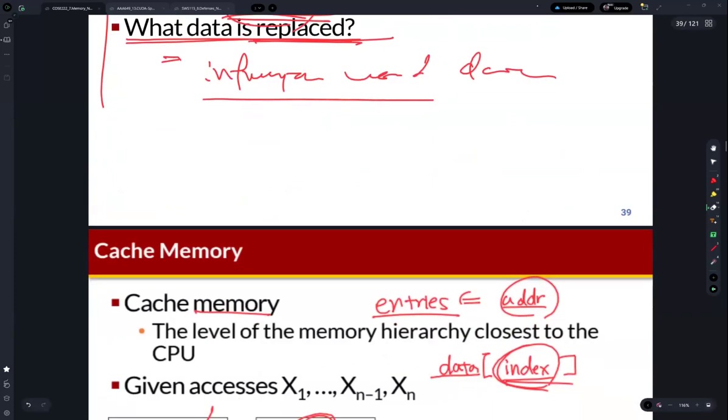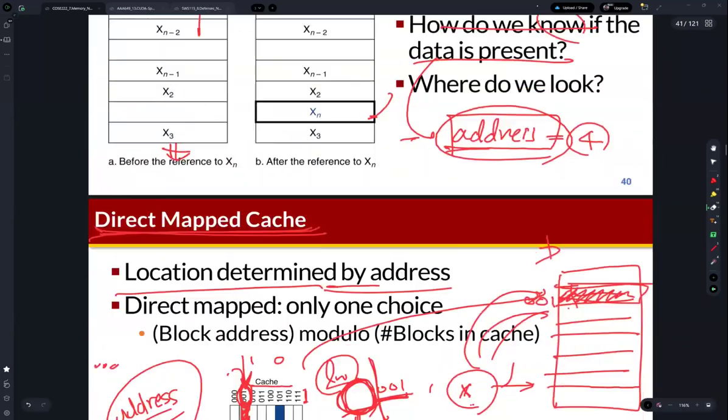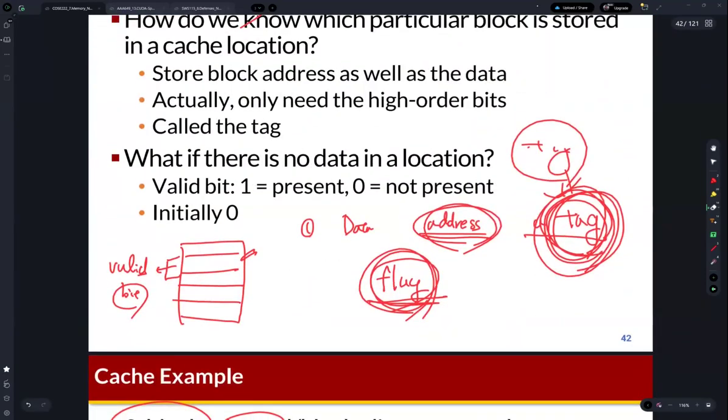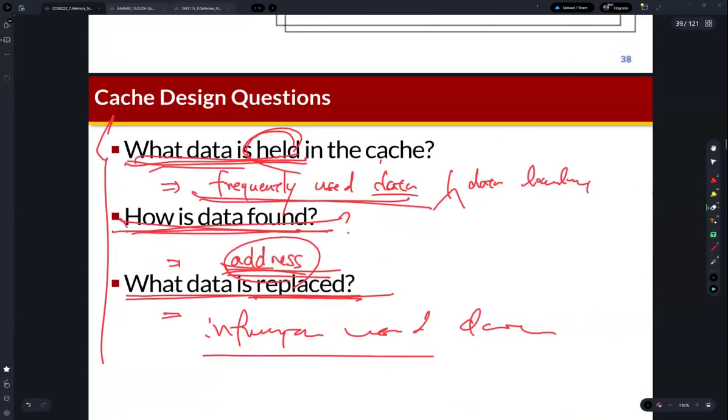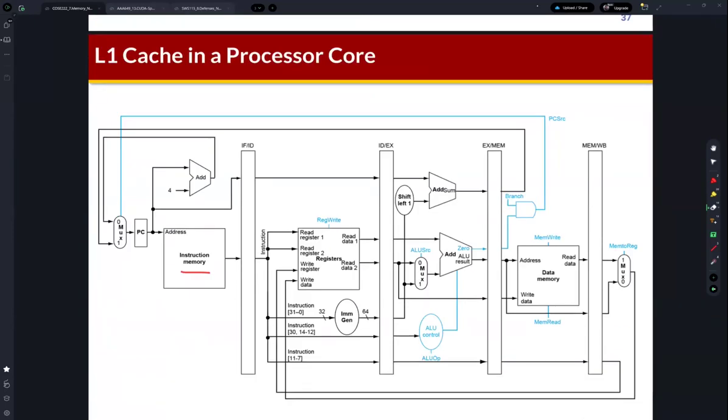So when we consider the performance of the processor architecture, we also need to consider cache misses, okay? Which means that the requested data can be found in the cache or not.